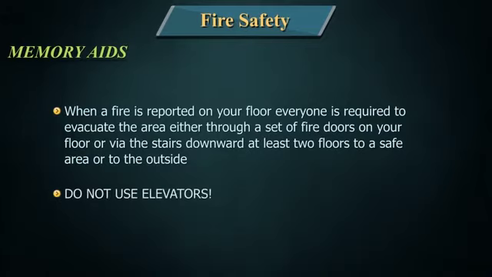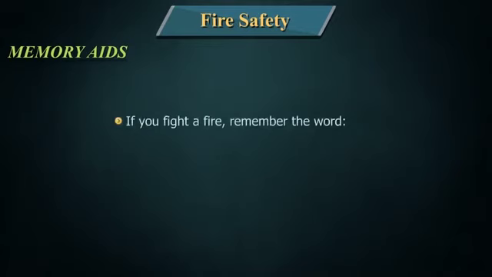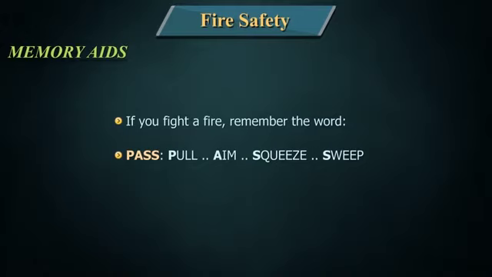Never go up unless you are below grade or down to an area below grade. Do not use elevators. If you fight a fire, remember the word PASS: pull, aim, squeeze, sweep.